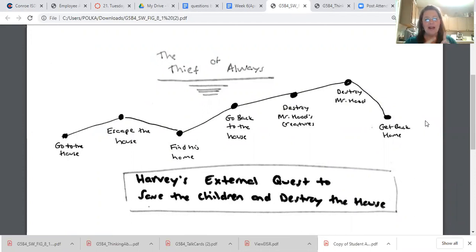First, he goes to the house, then he escapes the house, and then he has to go find his home after he escapes because he doesn't remember where everything is. But then he has to go back to the house and destroy Mr. Hood's creatures. We've already seen that with Mar in chapter 18. And then it says destroy Mr. Hood big time. That's the top of the line there, and then get back home.